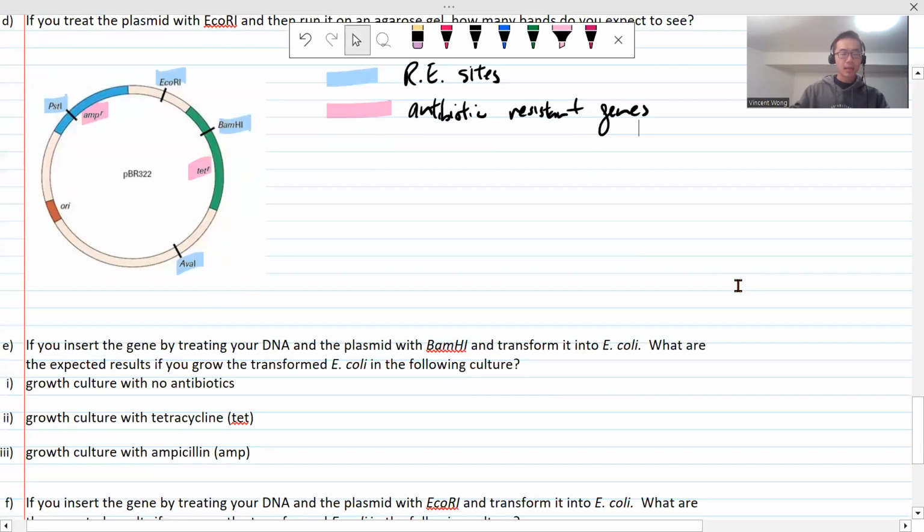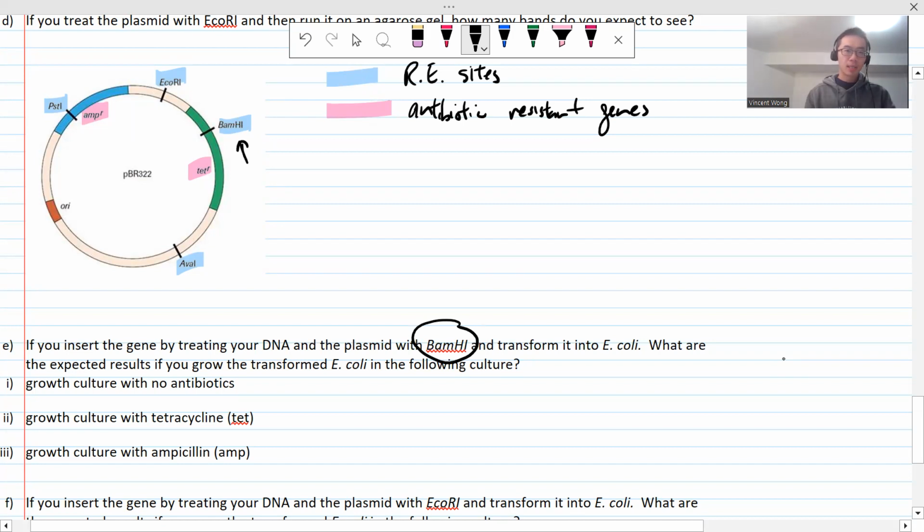So let's take a look at this question. You inserted the gene by treating your DNA and the plasmid with BamHI and transform it into E. coli. What are the expected results if you grow the transformed E. coli in the following culture? Okay, so we are inserting the gene with BamHI. So we look for BamHI here.